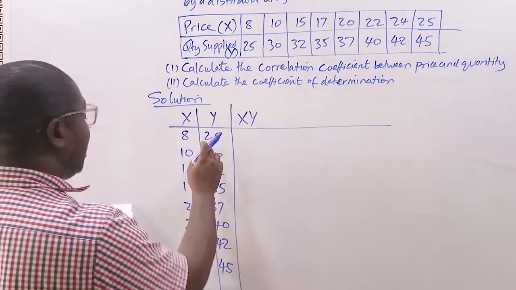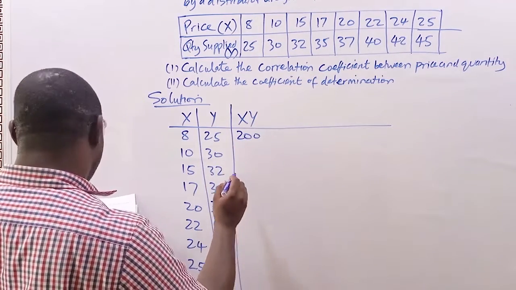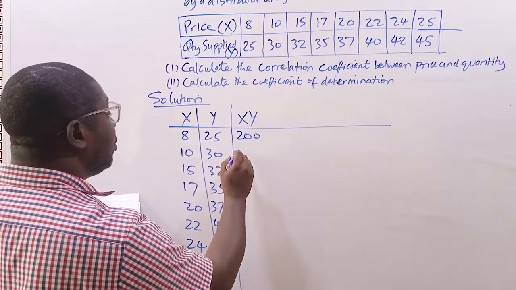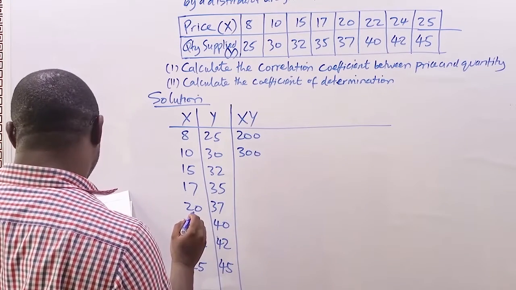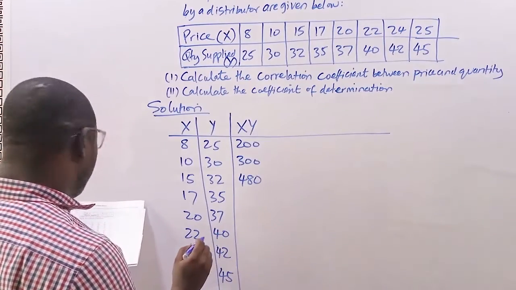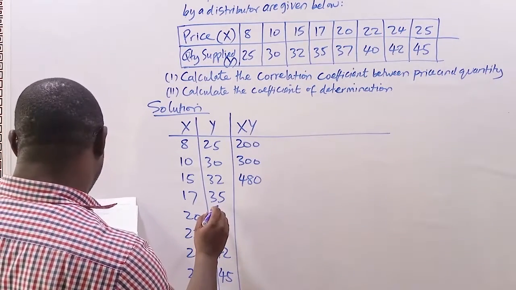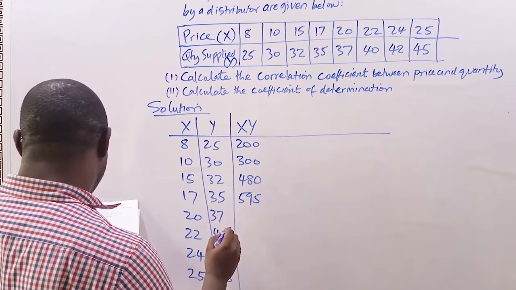So 8 times 25 gives us 200. 10 times 30 gives us 300. 15 times 32 gives us 480. Trust you're following me. 17 times 35 gives us 595.